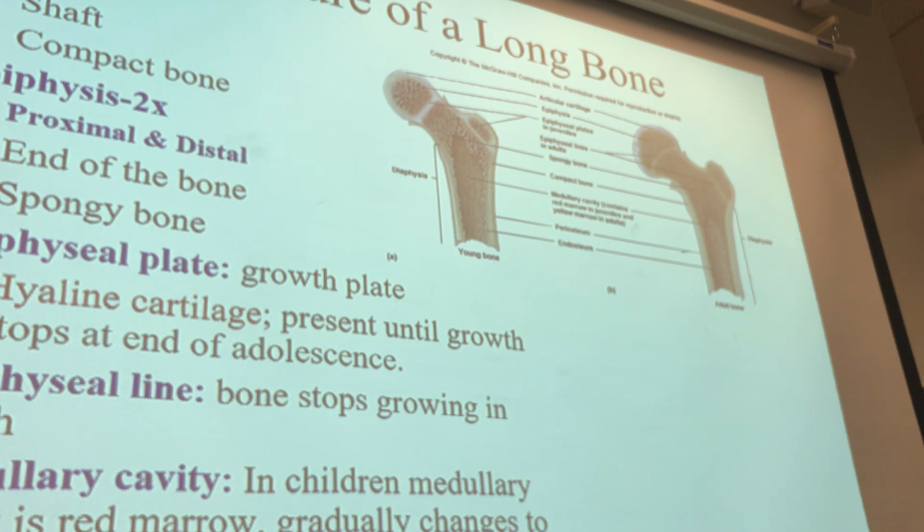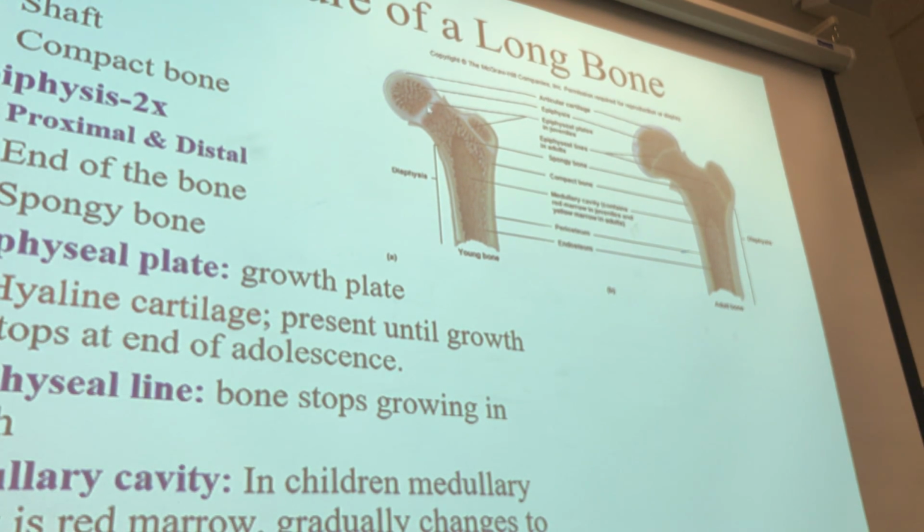That's your trochlea and capitulum end. So you're going to have two ends, a proximal and distal. The ends are called the epiphysis. Your epiphyseal growth plates are found at the epiphysis, or the ends. The diaphysis is the name of the shaft, right? So the shaft is the diaphysis connecting the two ends, the two epiphyses.